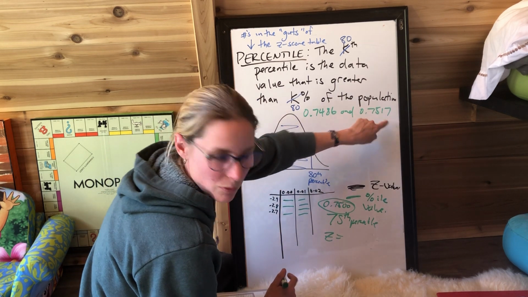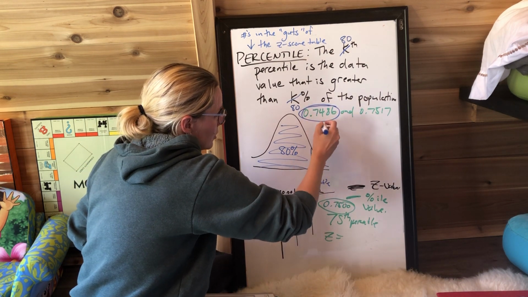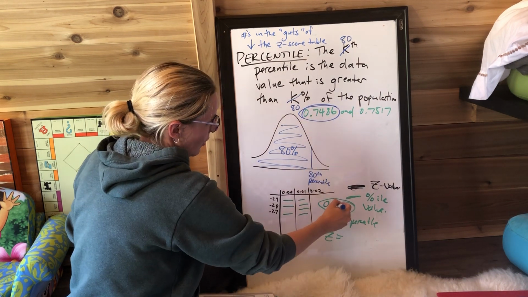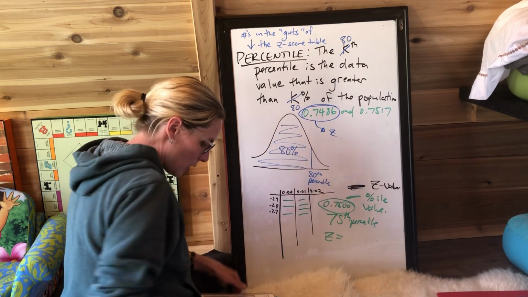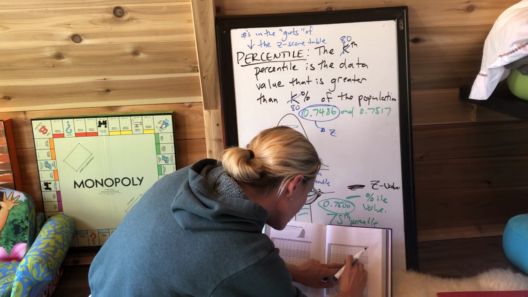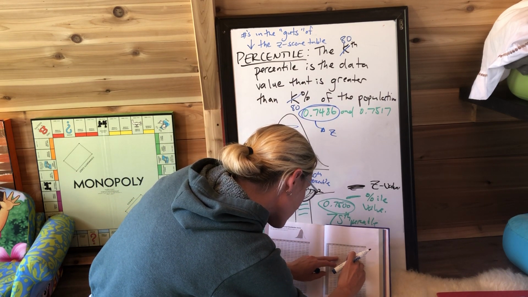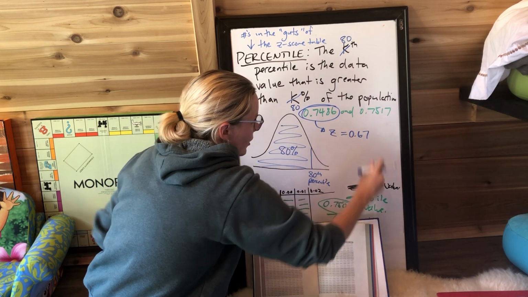This one is 17 one-thousandths away. So this is the closest one to the 75th percentile. So if I trace that value, 0.7486, backwards, it goes to a Z-score of 0.67.